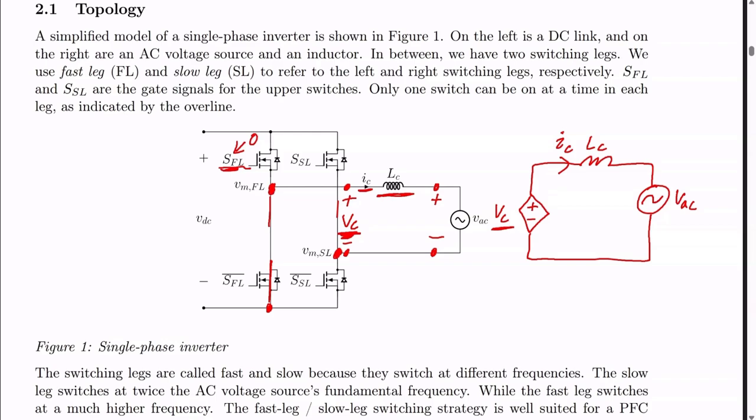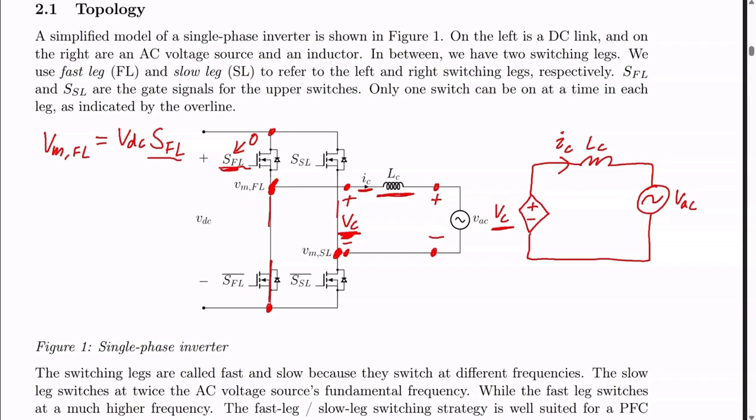So we can actually write up an equation for this. We get that VM_FL is equal to VDC times the gate signal. So when it's 1, this is equal to this one, which is VDC.